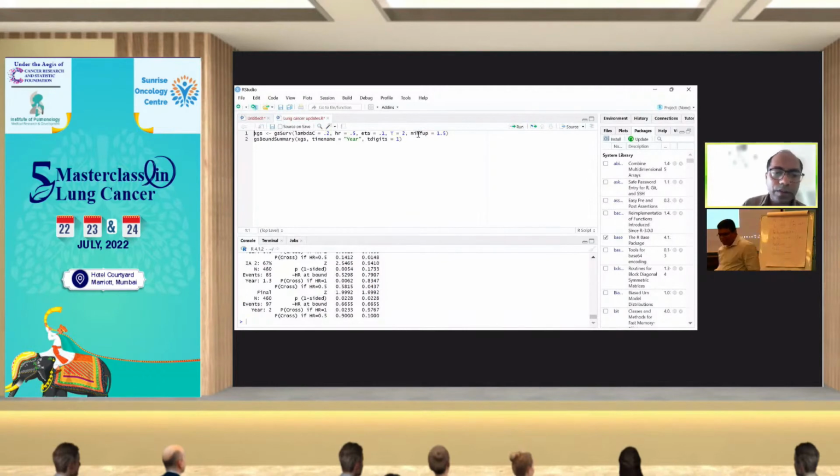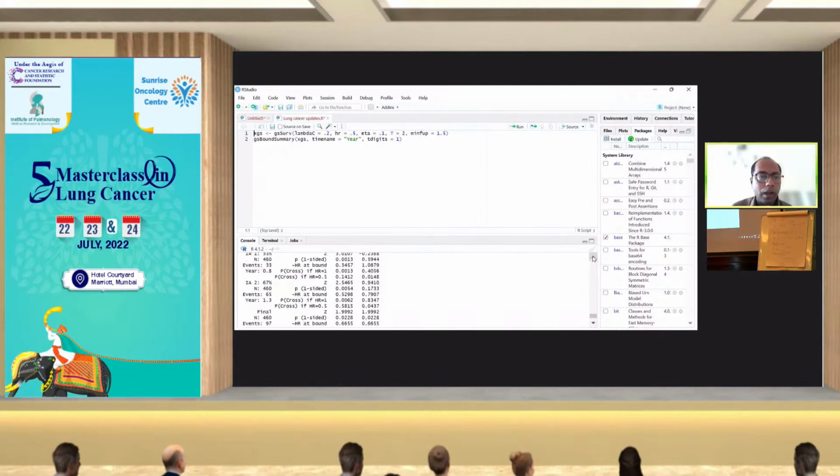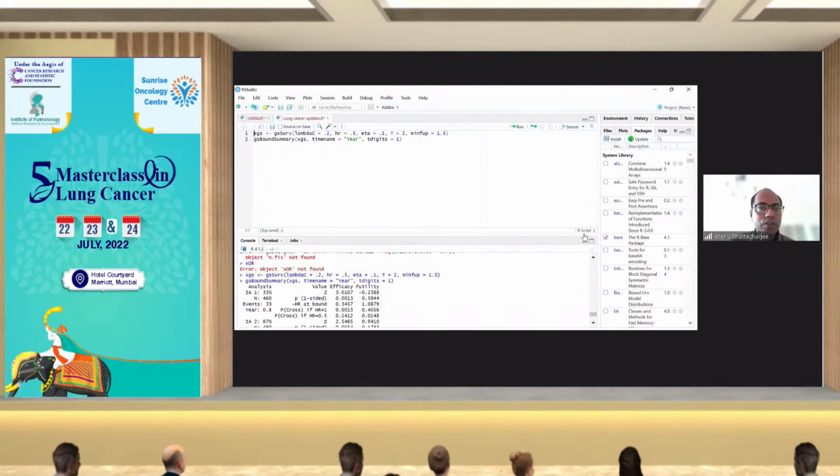Yes, we will see. So this is another function available in gsDesign as well. To run that, this function is applicable with the GSR function.